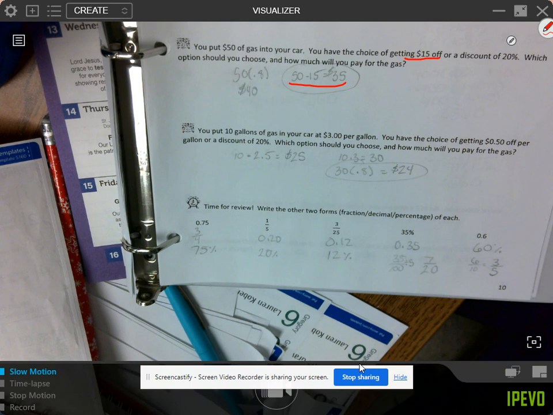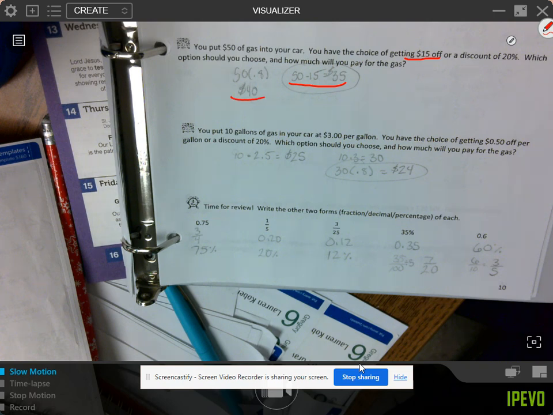Then we have to find out how much are we going to have to pay if we get a 20% discount. So we put in $50 of gas and that 20% discount. On my paper, I did 50 times the 0.80 because that 100% minus 20% gave me 80%. So 50 times 0.8 was $40.